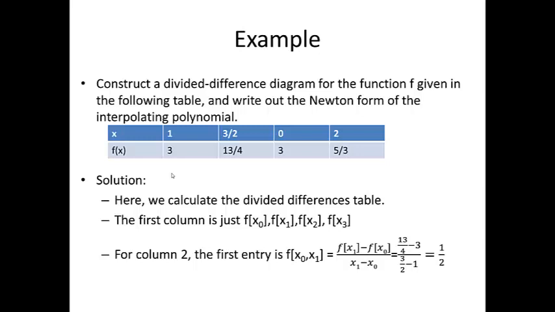For column 2, the first entry, f[x0, x1], is f(x1) minus f(x0) over x1 minus x0, and basically here f(x1) is 13/4, f(x0) is 3, so it's 13/4 minus 3, x1 is 3/2, x0 is 1, and we put that in and we get 1/2.